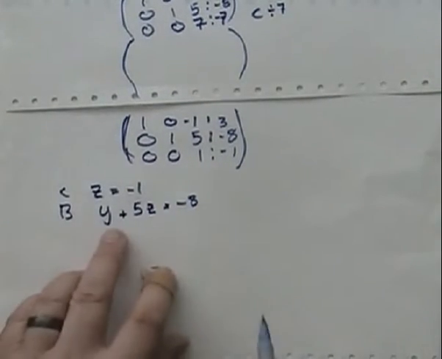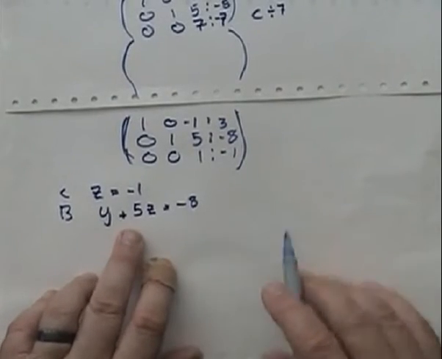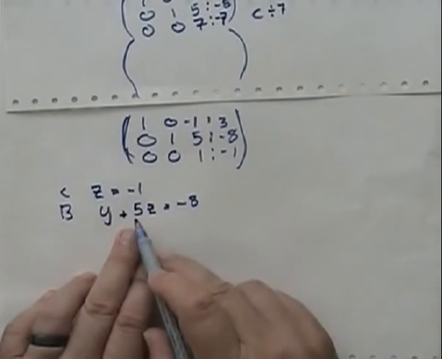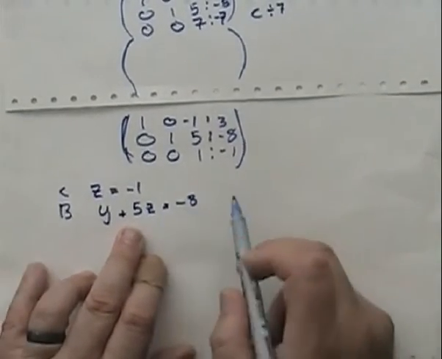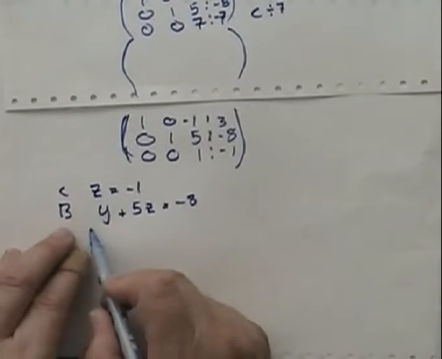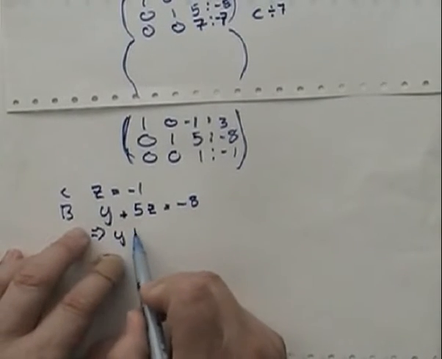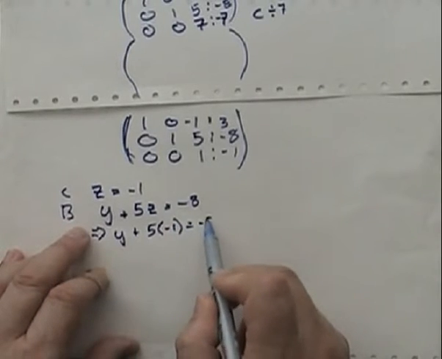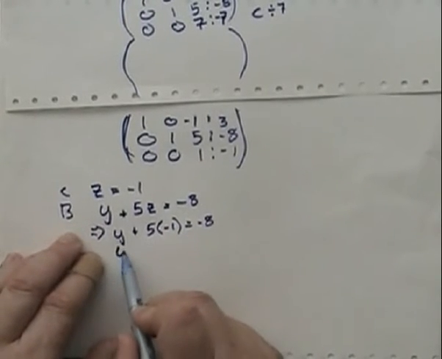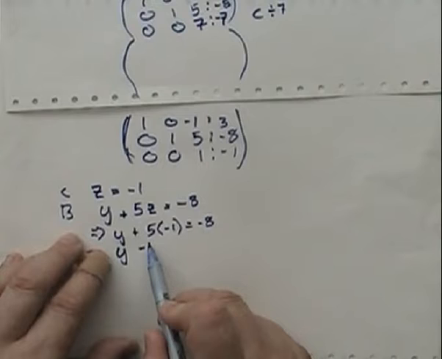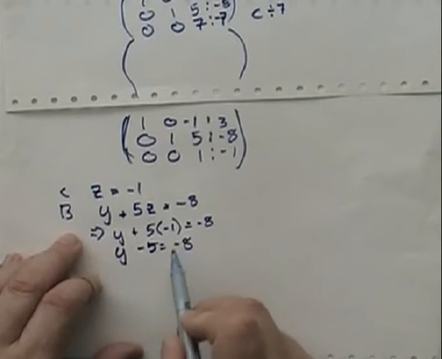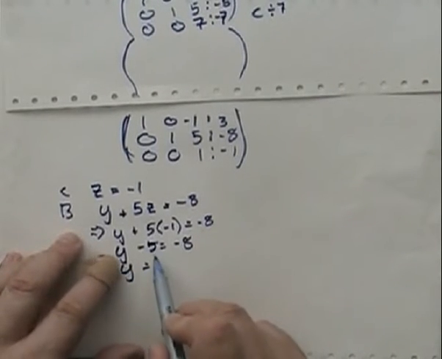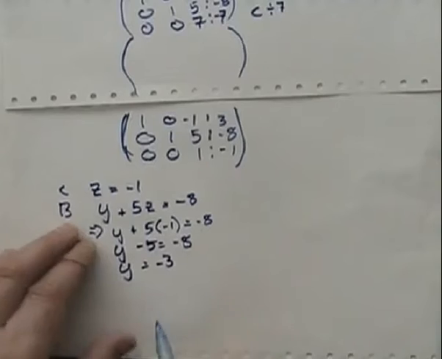And we can then just do the math on that. We know that z is equal to negative 1, so I can just substitute that in. y plus 5 times negative 1 equals negative 8. y minus 5 equals minus 8. So y equals, take that across, minus 3.